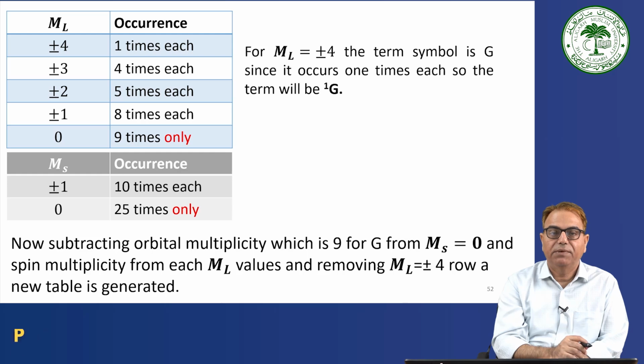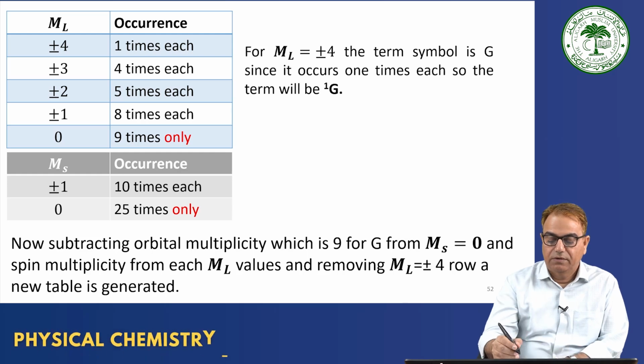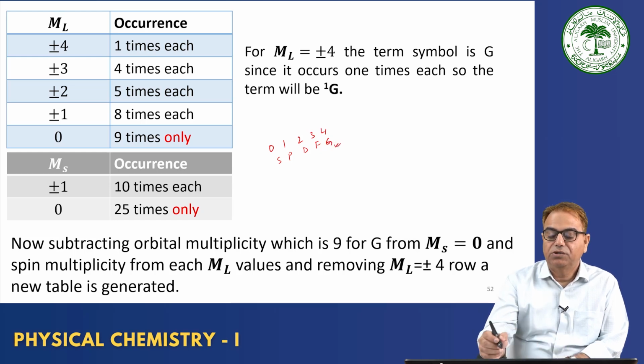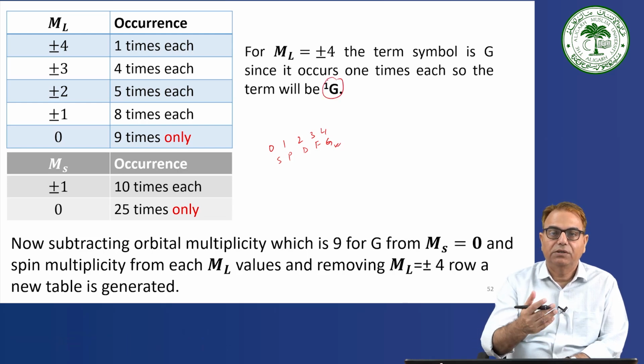The highest value of ml is 4. So for 0, 1, 2, 3, 4, I have written S, P, D, F and G. So it will denote the G symbol, and since it is one time only, it will be singlet G. That is the logic of this logical method.